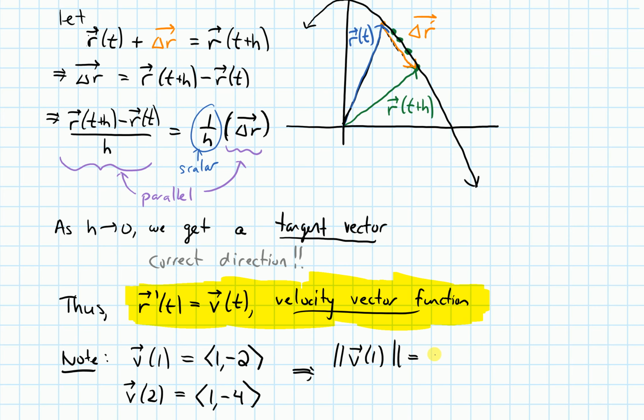if we work this out, it's going to be square root of 5. If we work out the magnitude of v of 2, that one works out to be square root of 17.